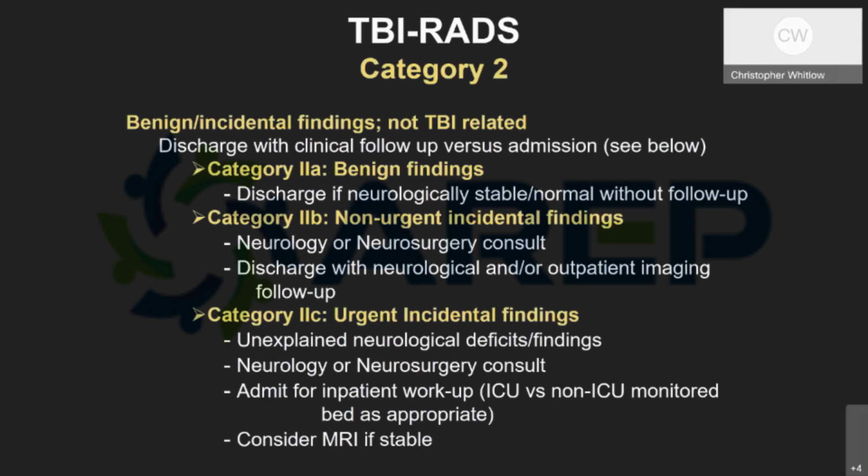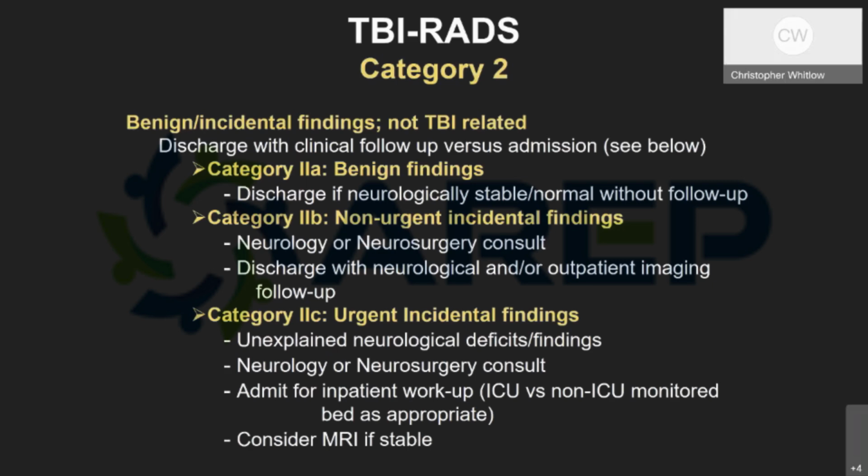Something like an asymptomatic, very small Chiari malformation, or tonsillar hyperplasia or something like that. Category 2B is non-emergent incidental findings, where there might need to be a neurology or neurosurgical consult, and you could discharge with neurological and/or outpatient imaging follow-up, and that could be for something like a tiny incidentally noted meningioma.